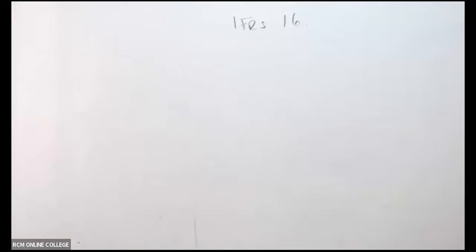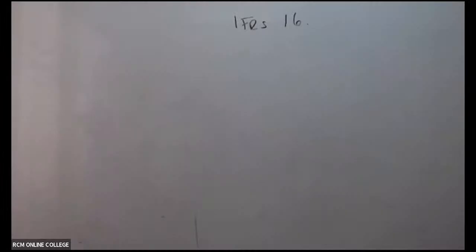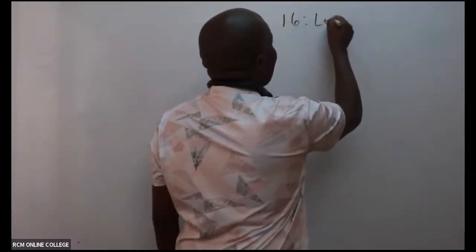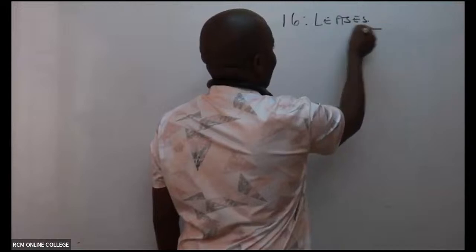All right. So whenever we talk of IFRS 16, what are we supposed to be thinking about? We are supposed to be thinking about leases. Now, remember, by definition, what are leases here?